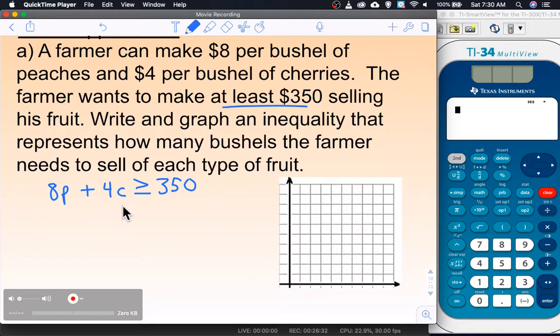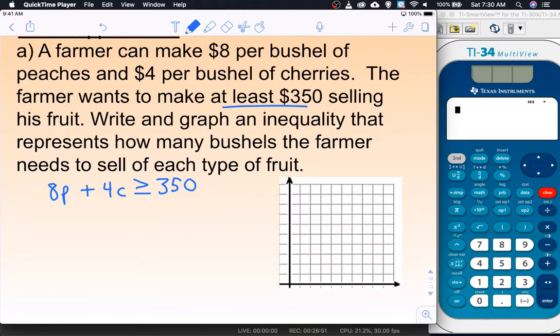Or when we label the axes, we can label number of peaches as the x variable and number of cherries as the y variable. It's up to you, really. I kind of like having the x's and y's, but it works the same.